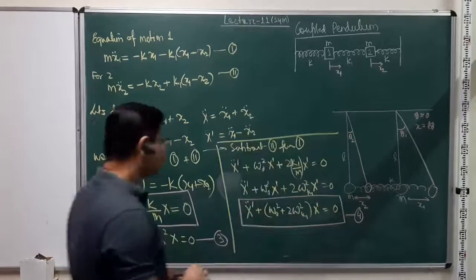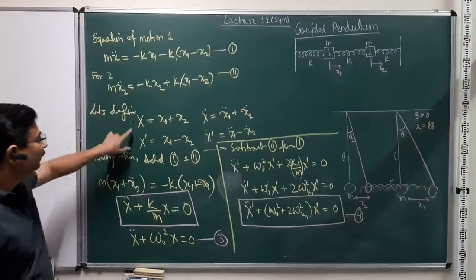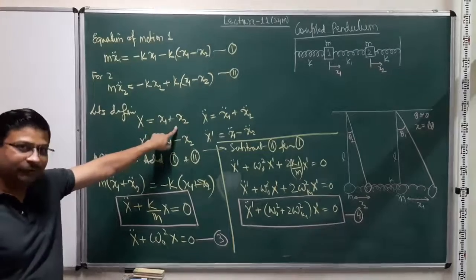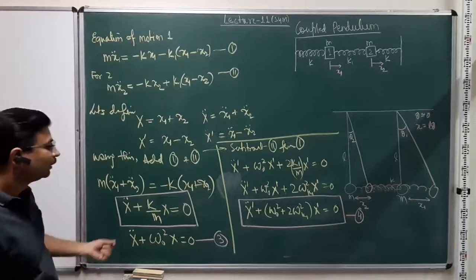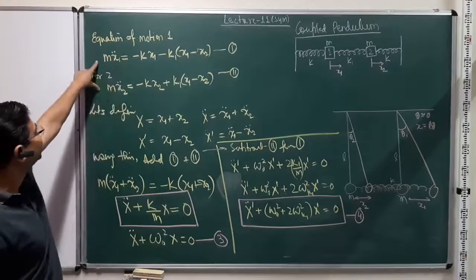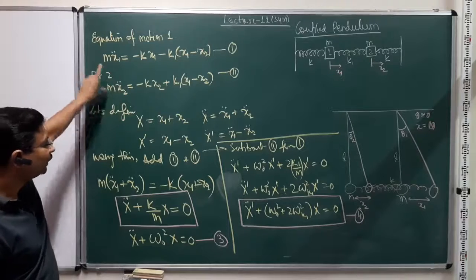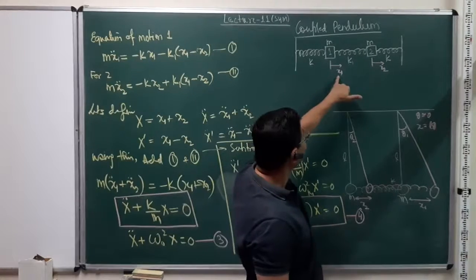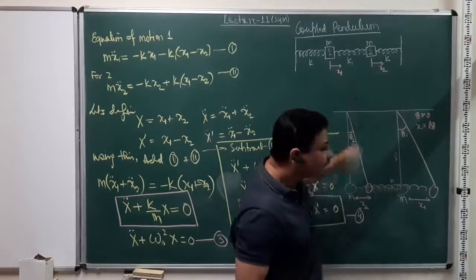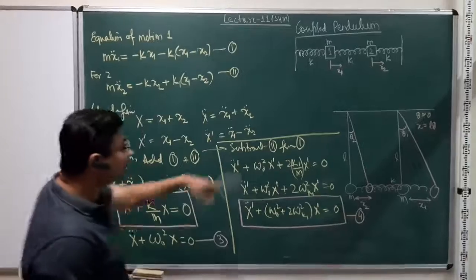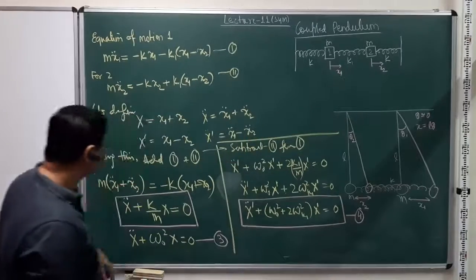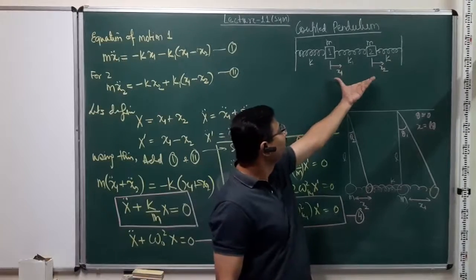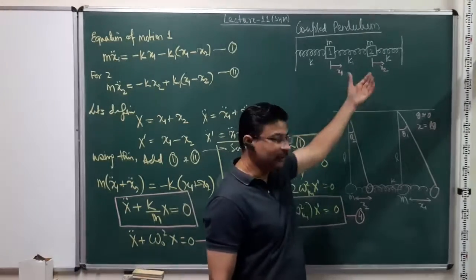So this way, by defining these two variables which are related to our original variables x1 and x2 describing the motion of the system, we have decoupled our initial equations of motion. So rather than writing the equation of motion in terms of the variables x1 and x2, which are coupled to each other because there is a spring which is coupling this, we change the variable, we take the total displacement or the difference of displacements.